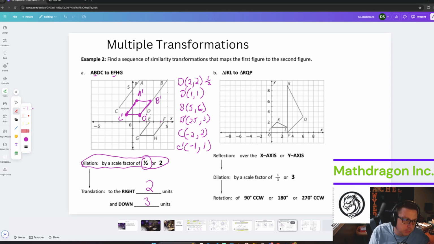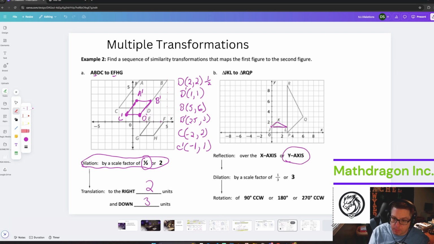Okay. So we're going to reflect, dilate, rotate. So reflect, and we're doing JKL to RQP. So we're going to take this figure and make it this one. So the first thing we're going to do is reflect it across, well, let's try the y-axis.